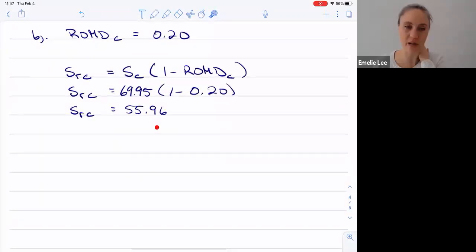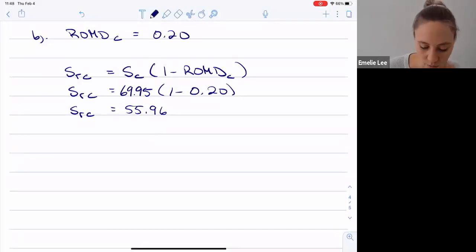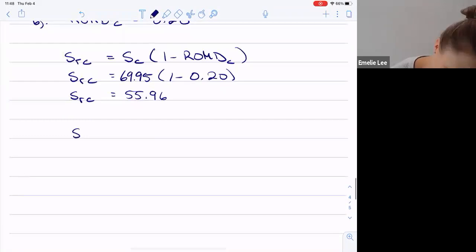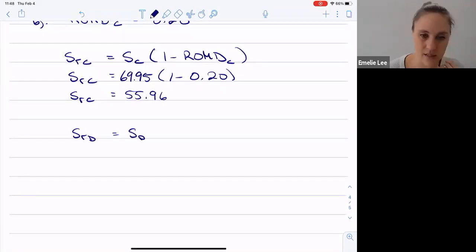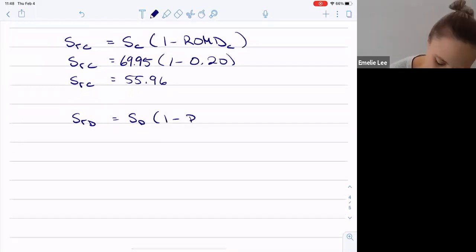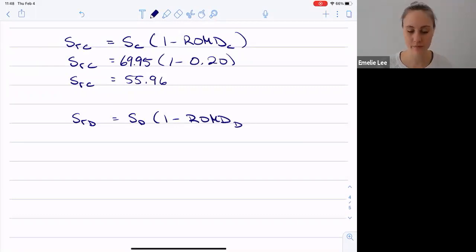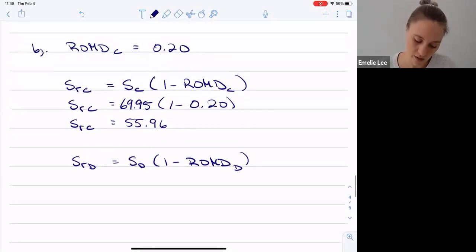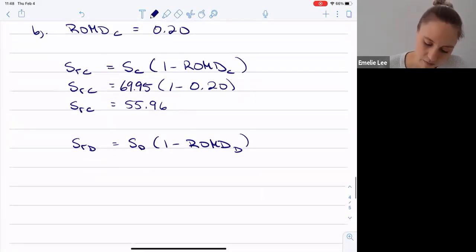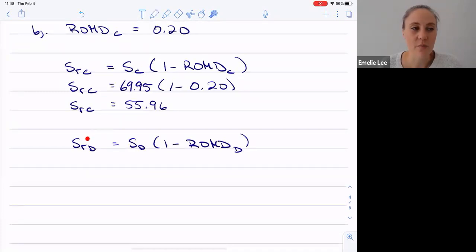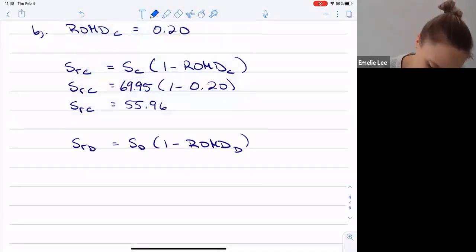So that's the price that merchant D has to match. And so here, the SRD has to be the same as the original selling price times 1 minus the rate of the markdown for D. This has to match, right? They're matching the prices.